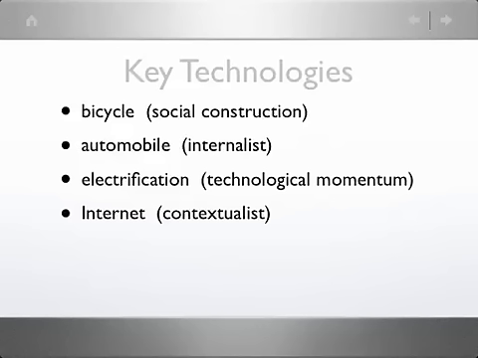And then finally, he uses the internet as one of his main examples in talking about how the contextualist historical approach works. And so these 4 technologies are at the center of Chapter 4, especially inasmuch as they serve as examples of these 4 different concepts that Nye is talking about in the chapter in terms of how historians understand the history of technology.